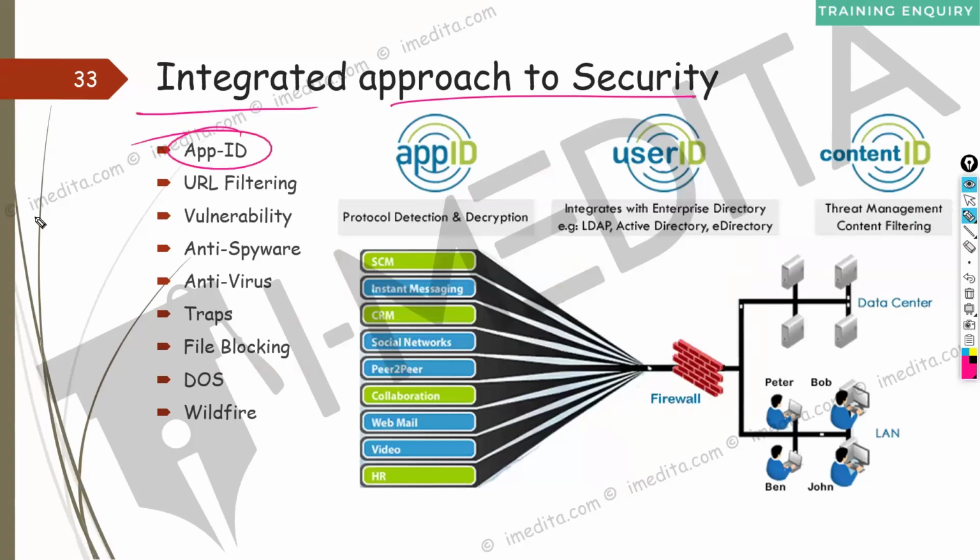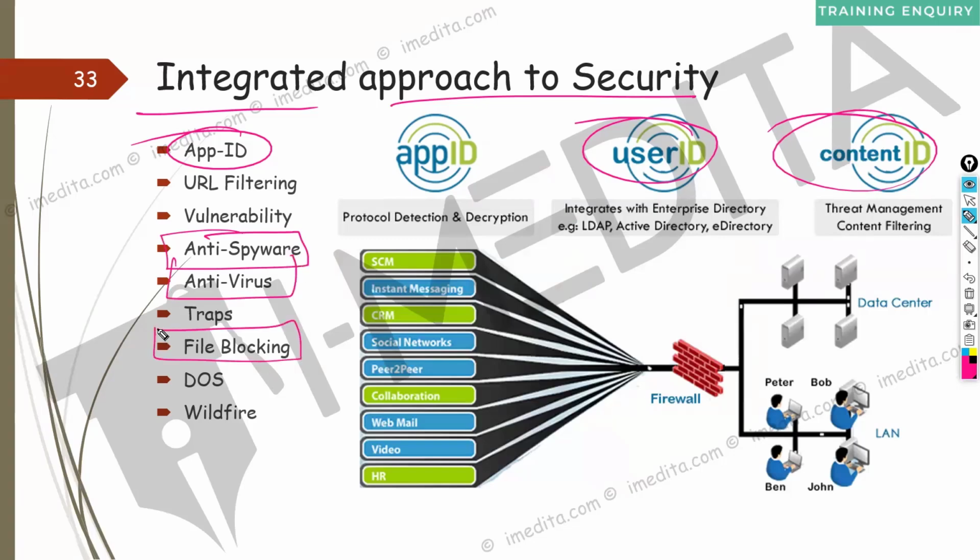Next, we have the integrated approach to security. Palo Alto will provide you App-ID, User-ID, and Content-ID. In Content-ID, you will get antivirus and anti-spyware. You will also achieve file blocking. You can deploy DoS profiles. You can also protect your network from unknown attacks with the help of WildFire.